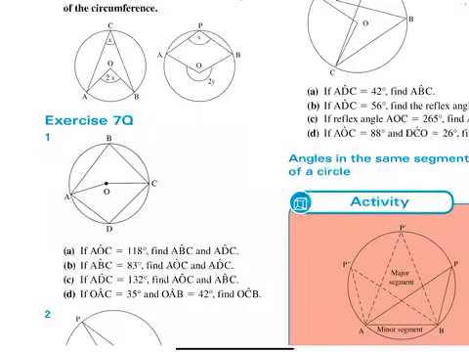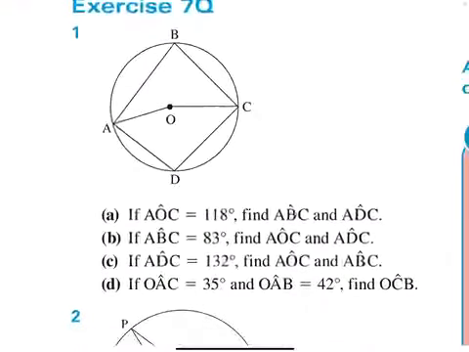So, if AOC were to be 118 degrees, keyword: find ABC.